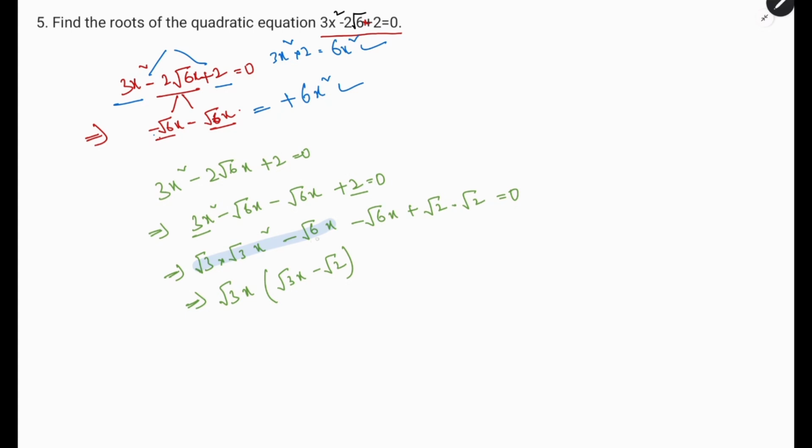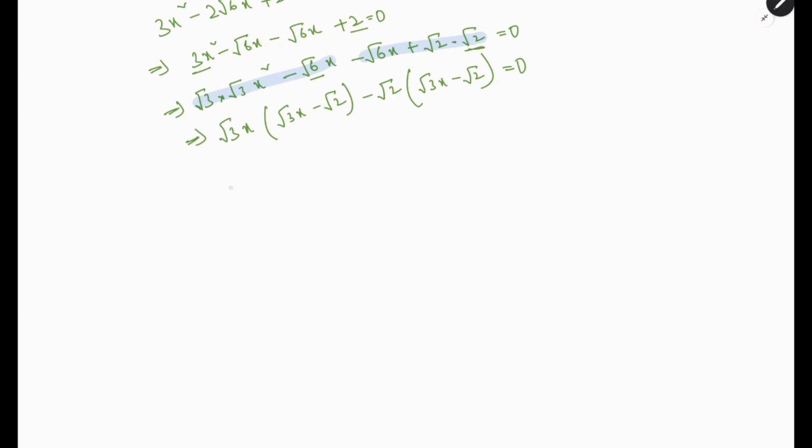See, root 3 into root 2 is root 6, and from these two terms take root 2 common. Minus root 2 into root 3x minus root 2. See, here one more root 2 is left. Equal to 0.